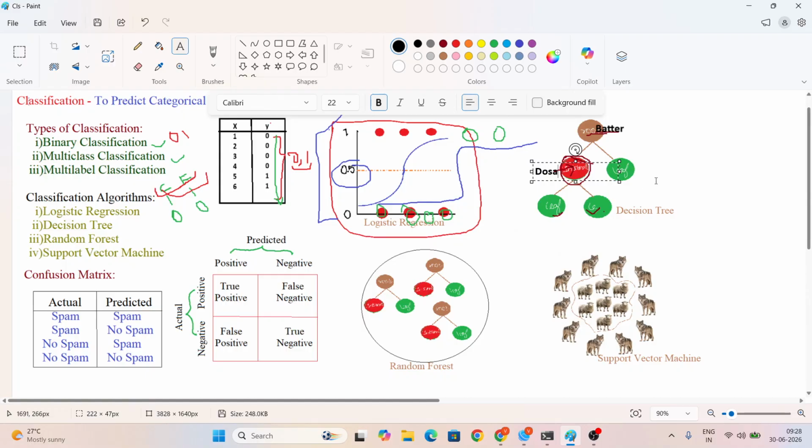Dosa, idli. Okay, only two decisions. You are asking your family at home. So, dosa or idli.